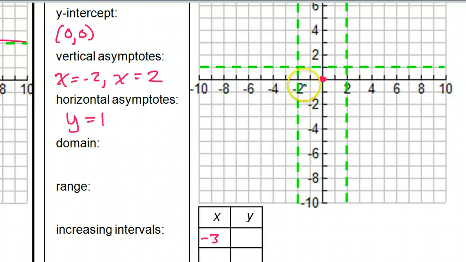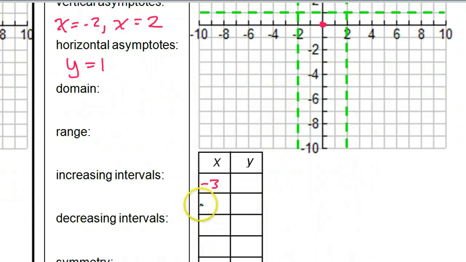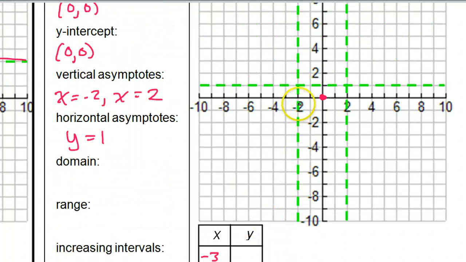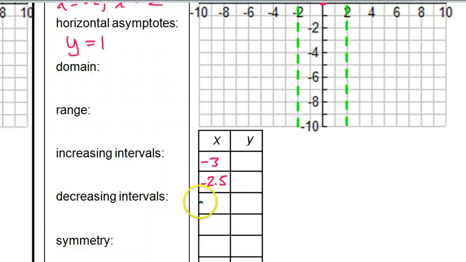So let's do negative 2.5 to see what's happening close up. Now, we also want a value or two just to the right of this same asymptote. So let's again use a decimal so we can see what's happening really close to the asymptote. Right here on the right hand side, but just barely, would be, for example, negative 1.5. Use those decimals, so negative 1.5.